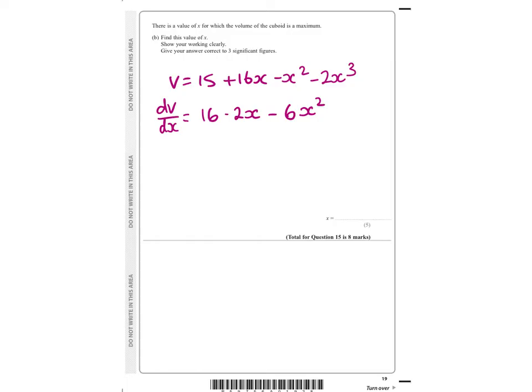Now, to find the maximum or minimum, that is when our gradient function equals 0. So I'm going to get 16 minus 2x minus 6x squared equals 0. Okay, so if I'm going to solve this, I can use my calculator and go on the equation solver.